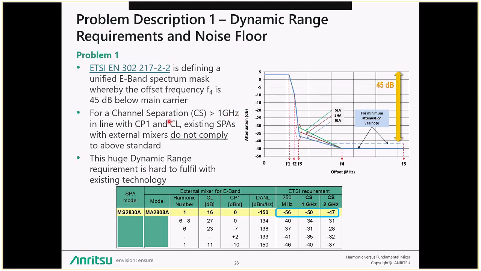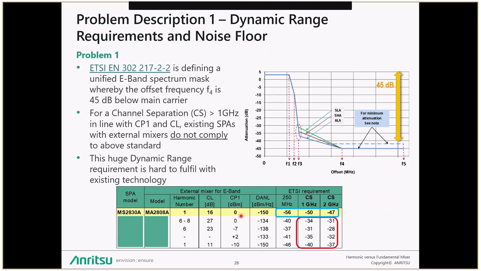So, in line with the 1 dB compression point, existing spectrum analyzers with external harmonic mixers do not comply with this standard. The huge dynamic range requirement is really hard to fulfill with existing technology.